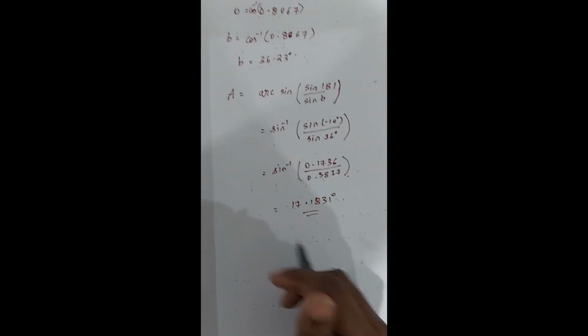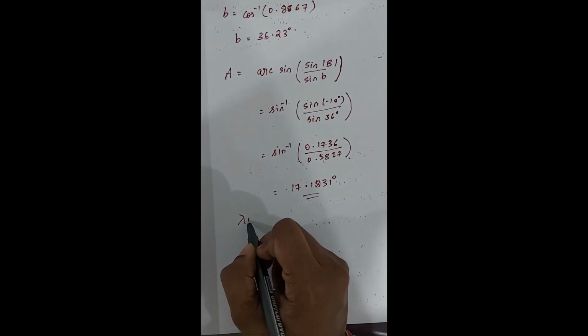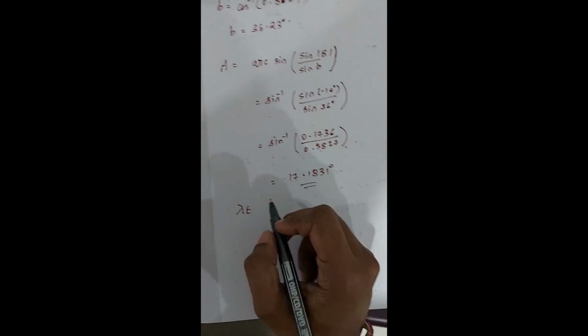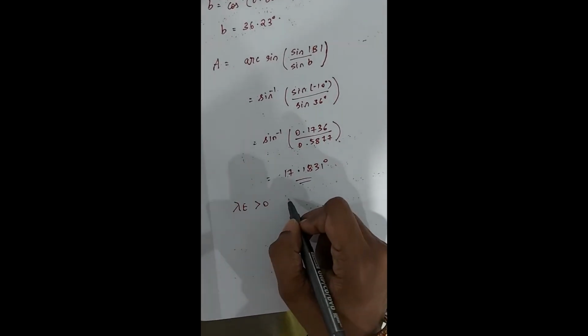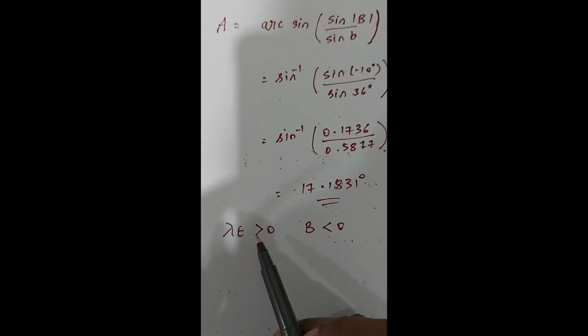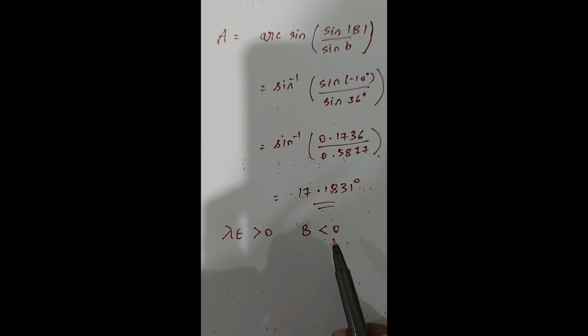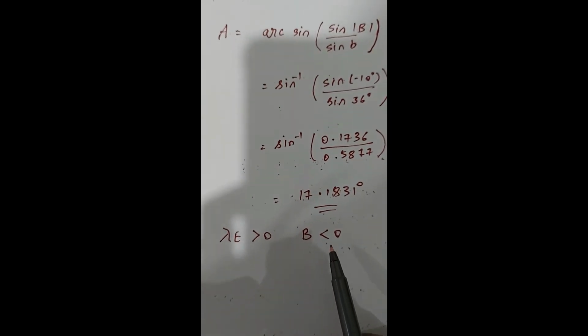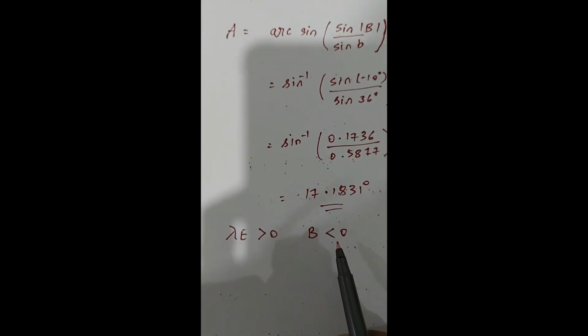Now, based on the condition, we know that lambda E value, what we had initially, is greater than 0. The value of B is less than 0. Means to say that lambda E is a positive value, whereas capital B we saw, because it is going towards the west, is a negative value, hence less than 0.